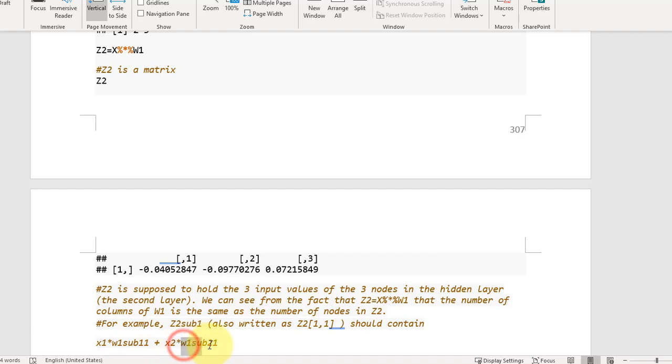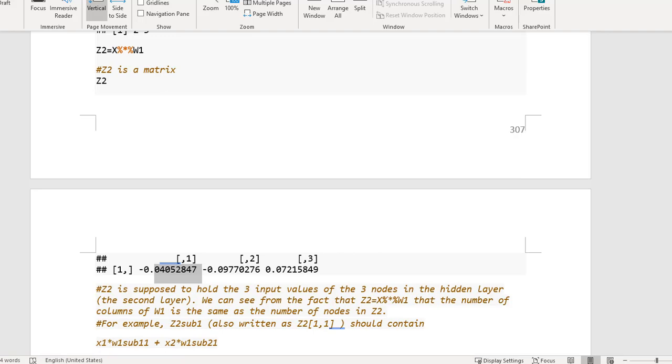So we've done this many times already, but we've covered this concept many times already. So that's what Z2 sub 1 should equal. This is Z2 sub 1. This is Z2 sub 2. This is Z2 sub 3. And of course we know how to get this, and this formula gives us the calculation.